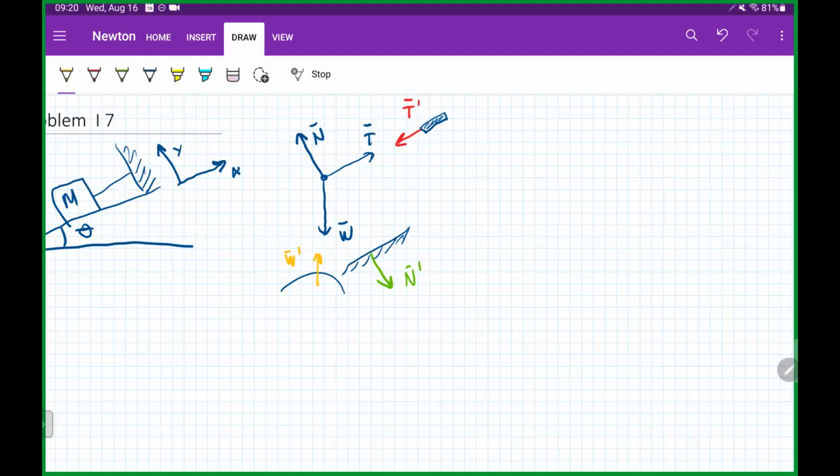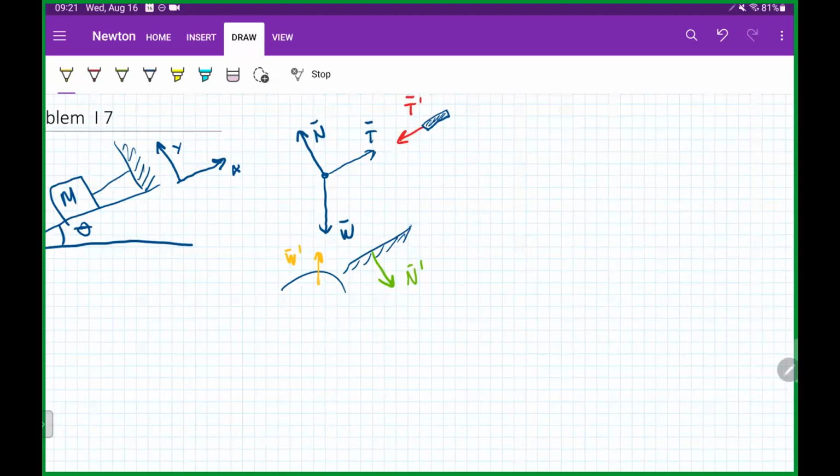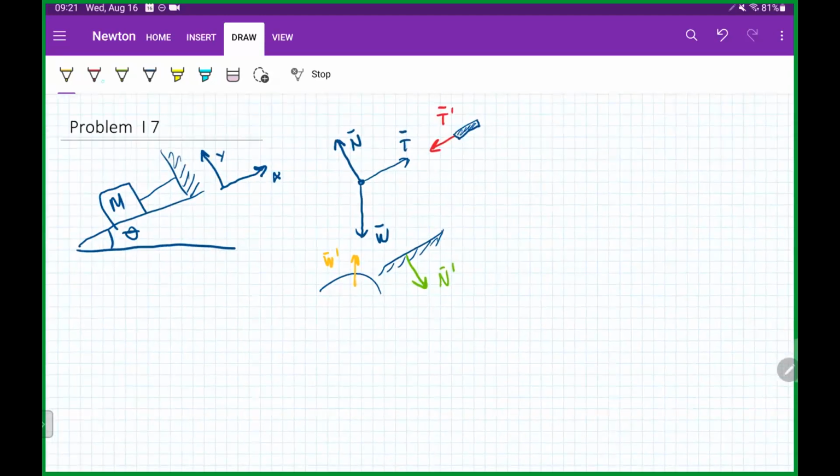So we have the free body diagram and we have action reaction pairs. All right, so the forces that the block is subject to are the normal force, tension, and weight. Is there any doubt about that? So we don't have friction. Remember, this is a frictionless plane, so there is nothing else to take into account this time.